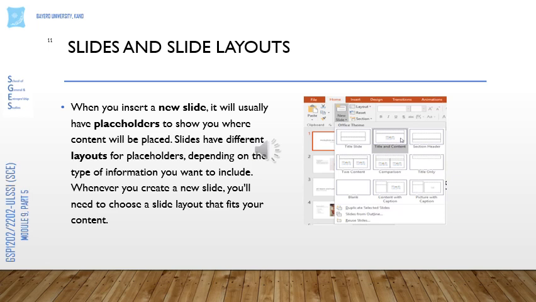If you want it 2-in-1, just one page, a blank page, or content with caption and all, like this presentation, we are using 2 different kinds of slides. We are using a kind of slide where the text will be on one side and an image on the other side, which is the two content slide. We also have the comparison slide. We also have a slide for the title only.